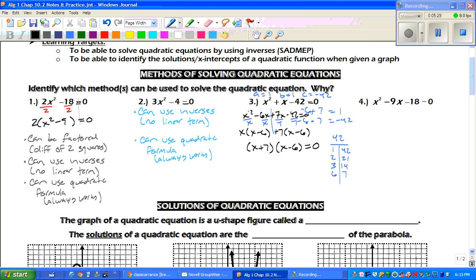So you can factor that, all right? So this can be factored because that's just what we did, and you can always, always, always use the quadratic formula.